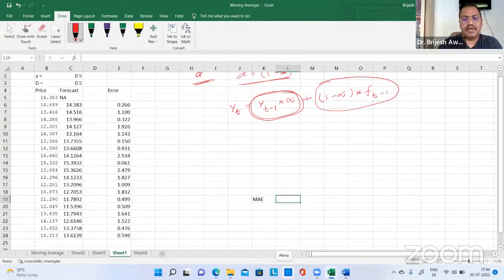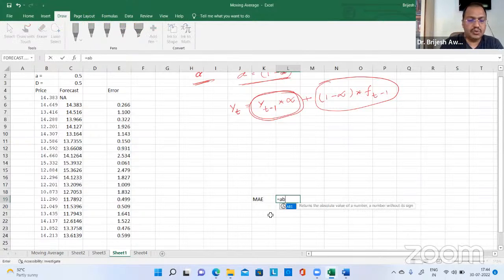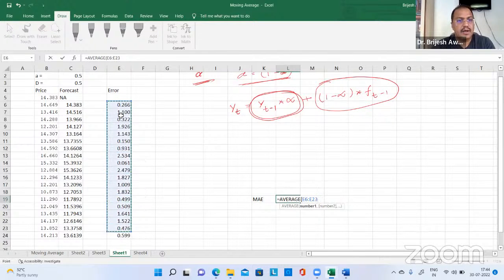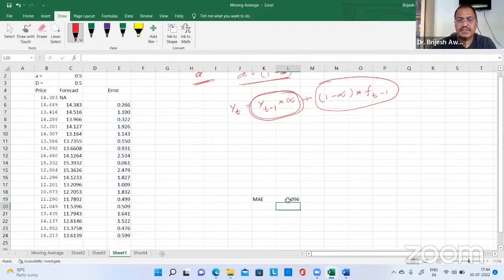Mean of absolute error. Equals to average. So the average of these numbers, and just enter.